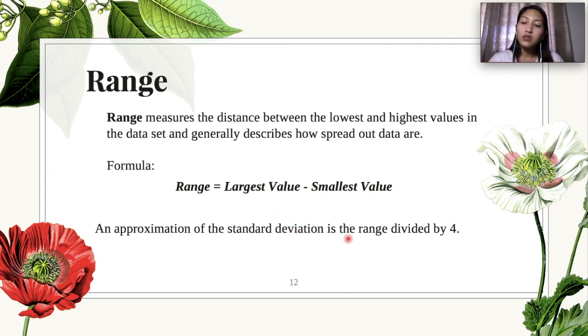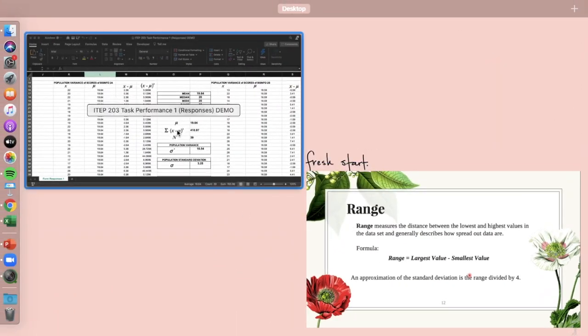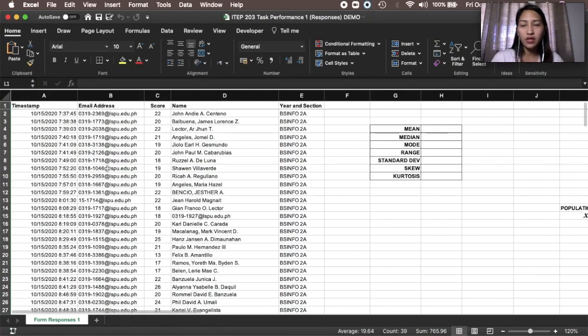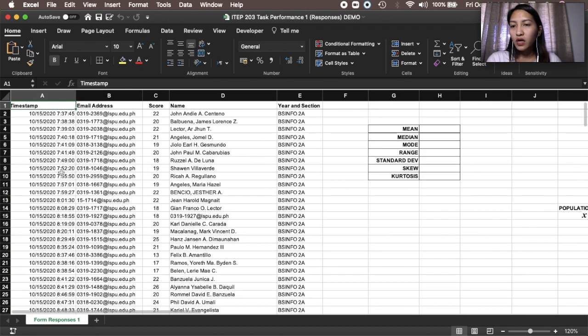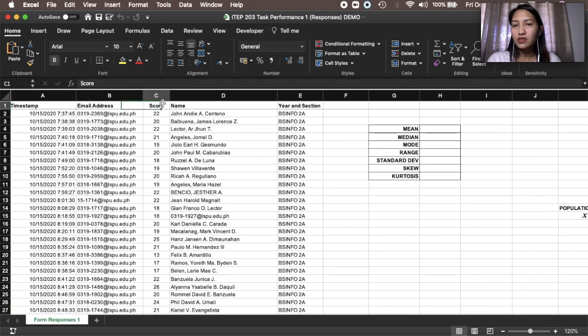Okay, so let me give you here an example, sample data to. Itong data na to ay raw data ninyo, raw data ng task performance responses ninyo. So, I have here the timestamp, kung kailan nyo ginawa, email address, yung score, tapos yung pangalan, tapos year-end section.